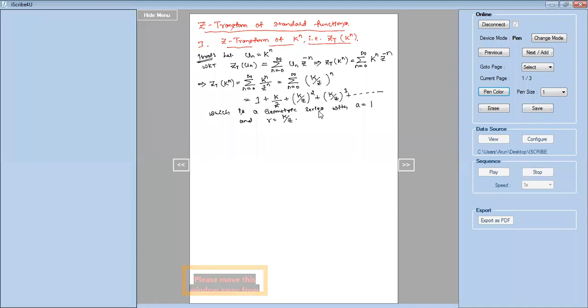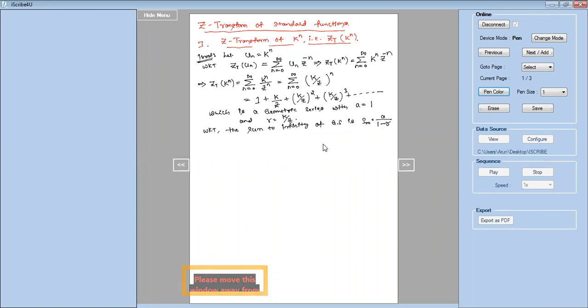So we know that the sum to infinity of a geometric series is the formula. So it is like this, S infinity is equal to A by 1 minus R. Correct? So this is the formula for sum to infinity of a geometric series.